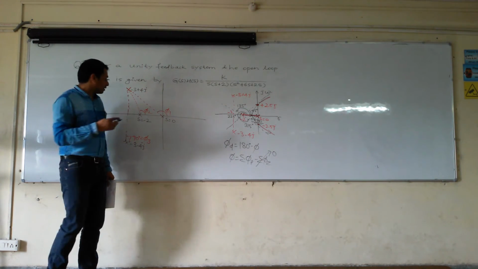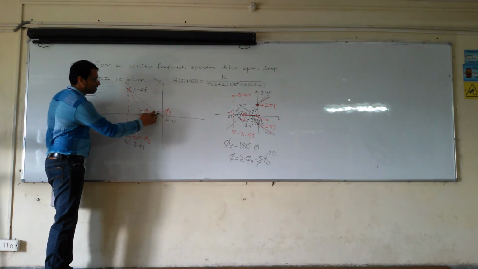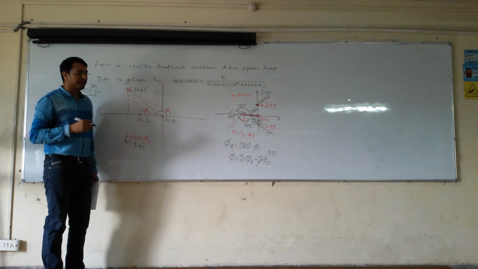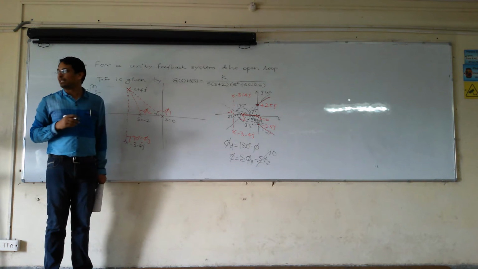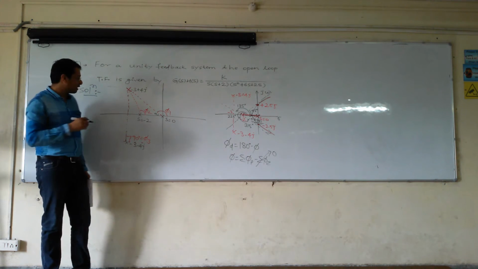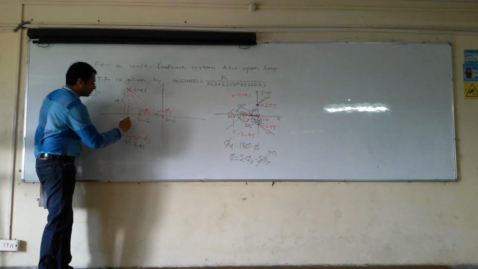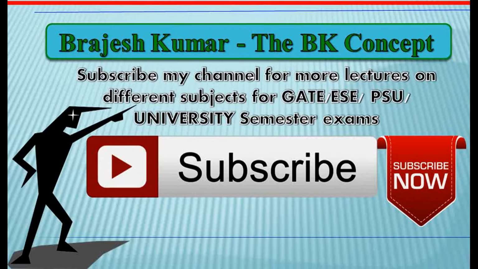Geometrically, of course, because if you are interested in phi 1, suppose I say it is alpha, it will be 180 degree minus alpha. And alpha, you know that this is your 4 magnitude and this is 3.